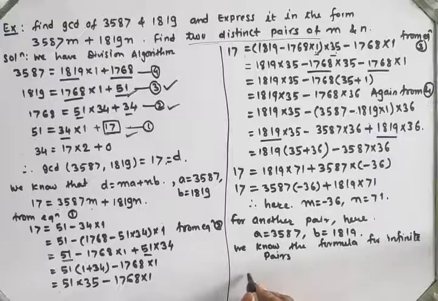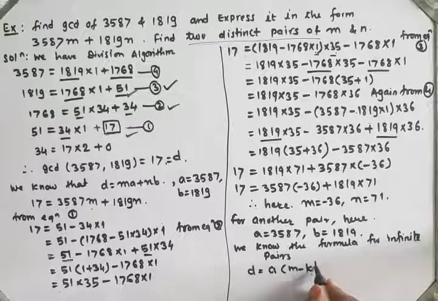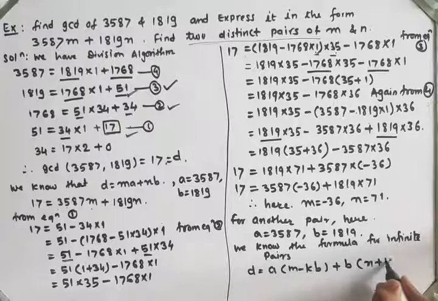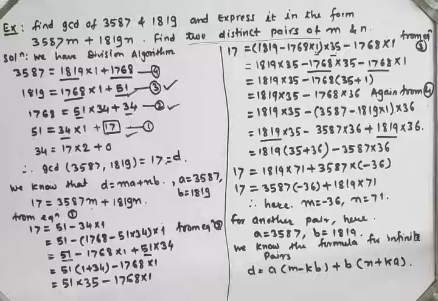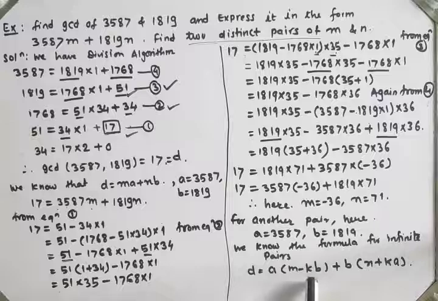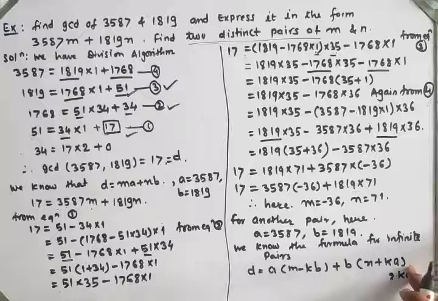What is the formula? d is equal to a into m minus kb plus b into n plus ka. Here we have the values of m, n, a and b. k belongs to the set of integers. We have to find infinite values of pairs of m and n using this formula.